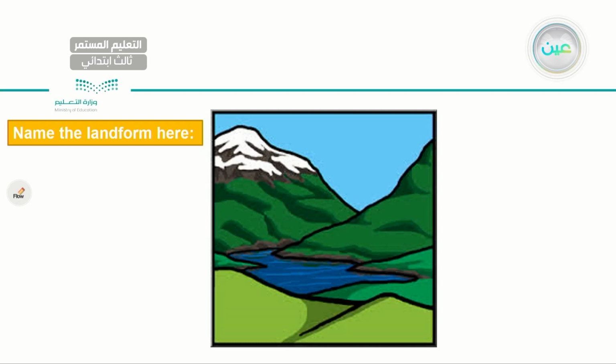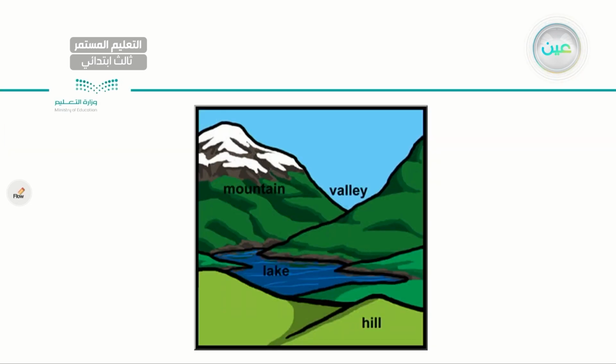For me, I can see a mountain, I can see a lake. These are the names. So let's read them. Mountain, a valley, a lake, and a hill. Now make sure that you differentiate between a mountain and a hill. A mountain is much bigger, huge, okay?